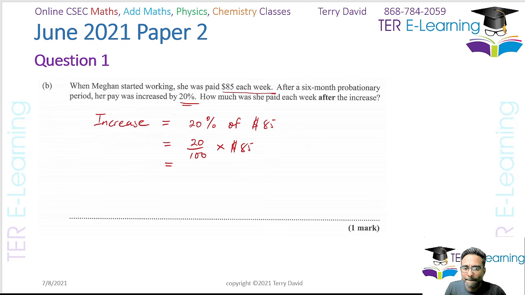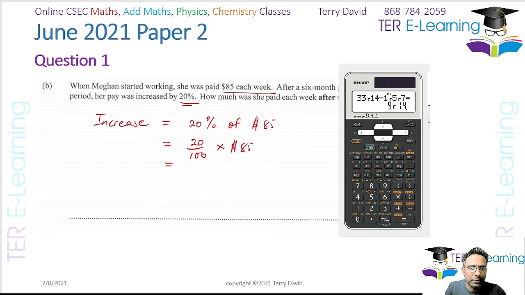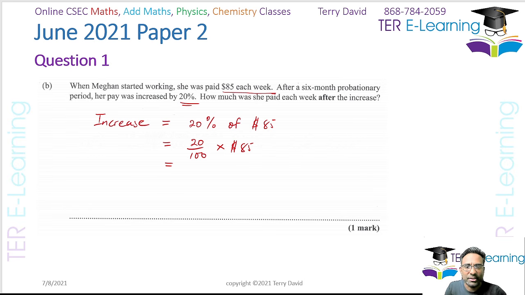So 20% is 20 over 100, multiplied by $85, and we're going to get $17. So she's getting an increase of $17 here.